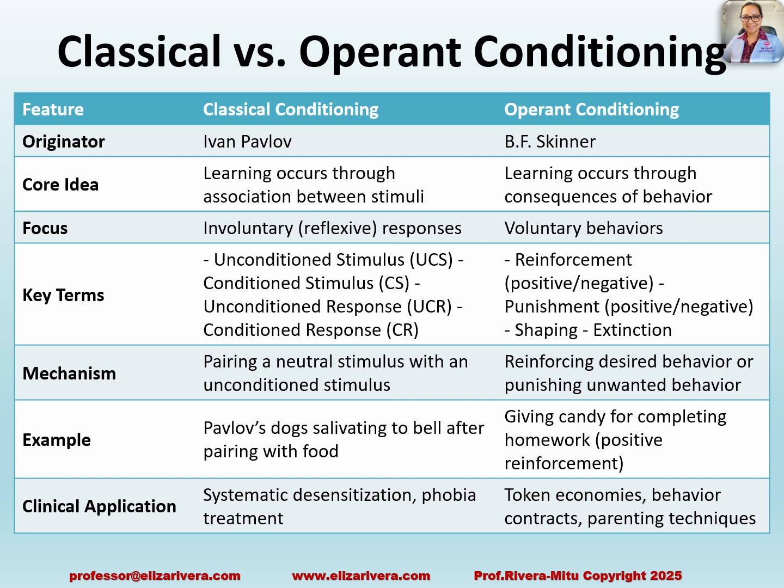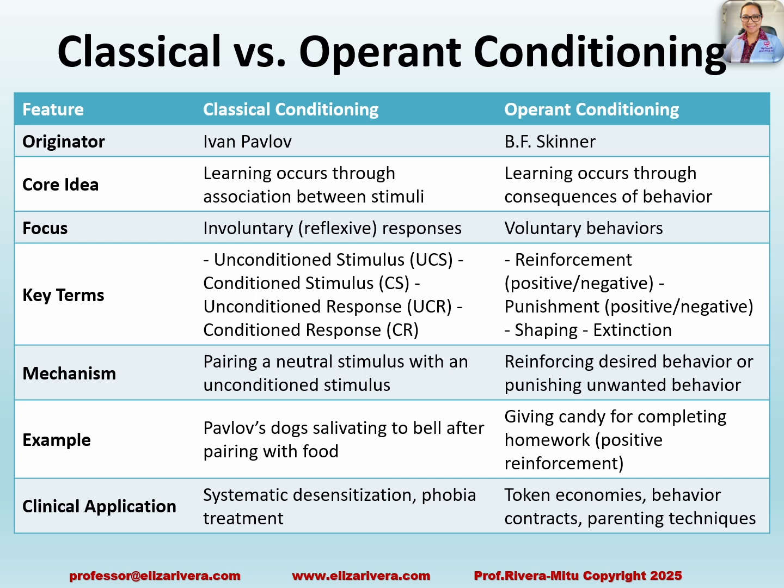In operant conditioning, which was developed by B.F. Skinner, who studied how consequences shape behavior, it focuses on voluntary behaviors and their outcomes. This includes positive reinforcement, which is adding a reward; negative reinforcement, which is removing something unpleasant; positive punishment, which is adding an aversive stimulus; and negative punishment, which is removing a reward.